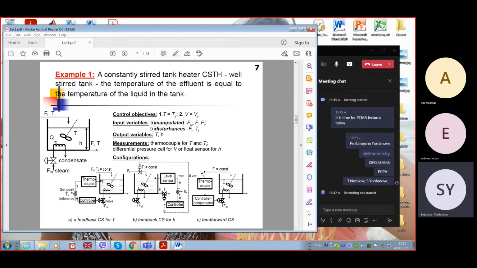So the inside temperature, we know that after some time the initial temperature of the fluid, of the liquid, will influence the inside temperature. If we have cooler inflow, for the same steam and heat, the temperature inside will be decreased.